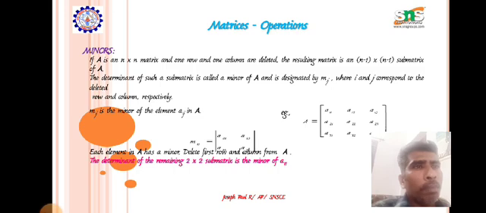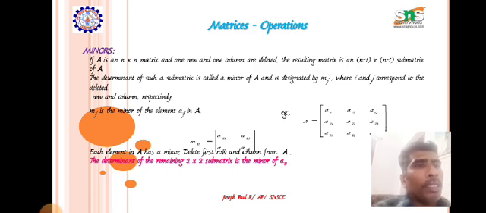The determinant of such a submatrix is called a minor of A, and it is denoted by Mij, where i and j correspond to the deleted row and column. Mij is the minor of the element Aij in A.